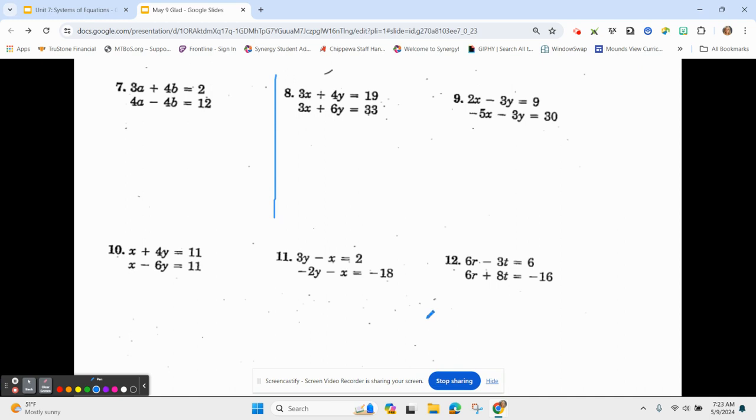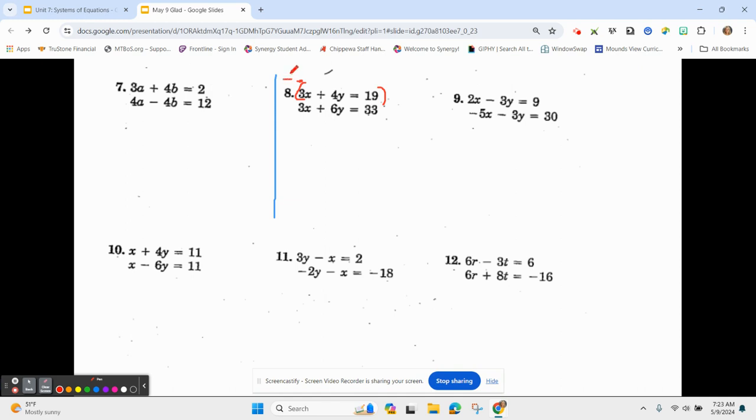So right away, I'm looking at number 8, and I see that both of my x's are 3x. My y's don't cancel. But what we can do is actually make those x's cancel pretty easily simply by making one of them a -3x. So to do that, I'm just going to pick this top equation and multiply everything.